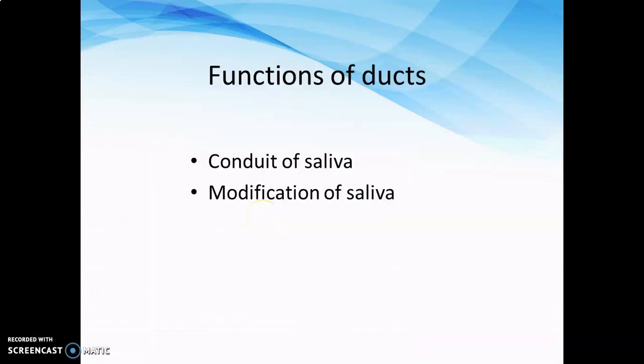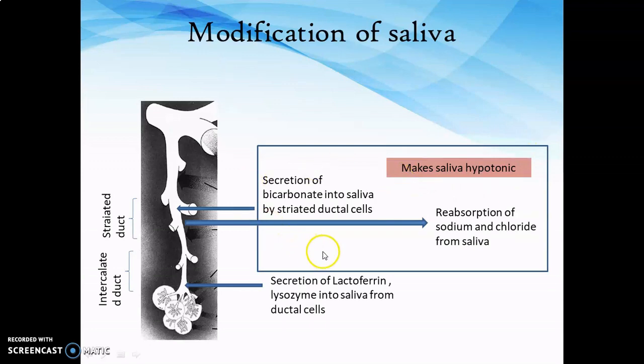So that's all about the structure of ducts, and coming to the functions of ducts, I told already they are not just a conduit or passageway of saliva, but they also are involved in modification of saliva. The saliva secreted from the acini gets modified in various parts of the ductal system. So let's see how that is happening. The intercalated duct contributes macromolecules like lactoferrin and lysozyme to saliva from ductal cells.